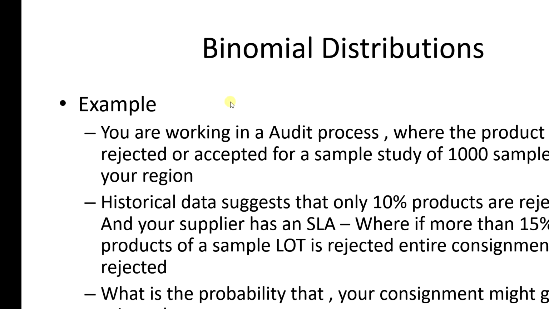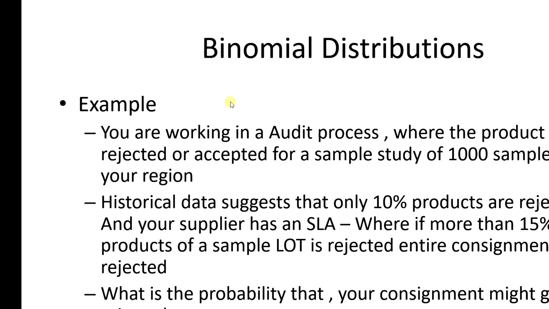Suppose you are working in the audit or QA QC department, where a product or service has to be rejected or accepted. That's the success we are targeting, for a sample study of 1000.